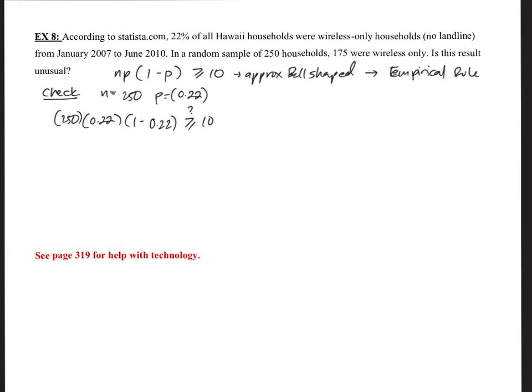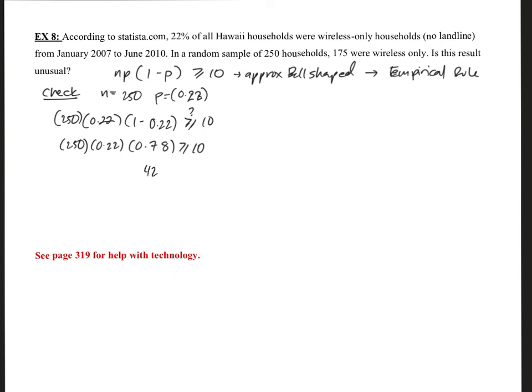And notice, when I'm not certain, I put the question mark. I wouldn't not include the question mark, because then maybe I'm stating something incorrect. So I'm going to go ahead and include our question mark because we're not certain this is true. So let's calculate this out. 250 times 0.22 times 0.8 greater than or equal to 10.